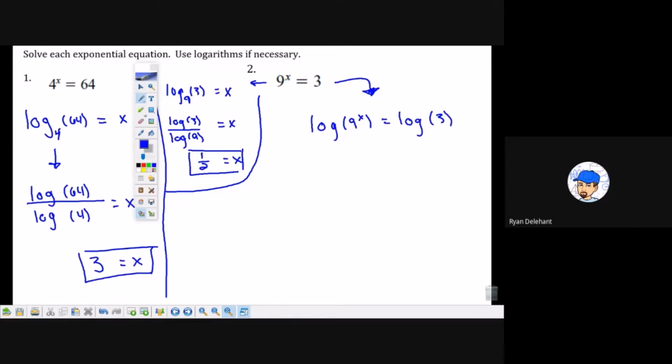The reason I do that is there's a special property of log that tells me that any power can be written as a multiplication in front of that. So I get x times the log of 9 equals the log of 3.